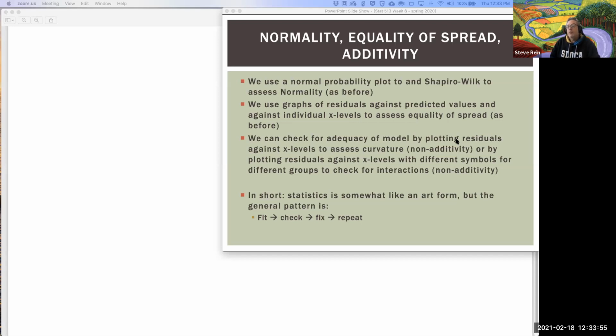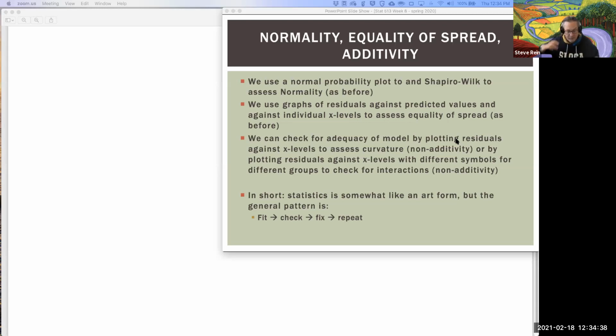And then if you graph the residuals against the predicted values or against individual X values, you could look for a lack of equality of spread, like we had done the first time we looked at regression. Okay, and if we have some sort of a problem, we can fix it. Jumping down towards the bottom, if you see a problem, you do your best to check for those problems and then fix them, and then see if your fix worked. That's the nature of the lab today, checking for problems and fixing them.